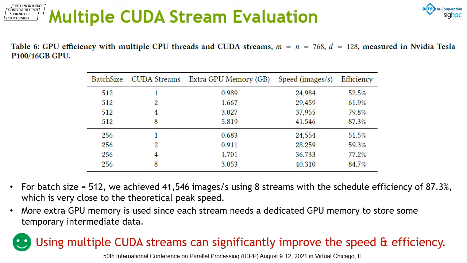For the batch size of 512, we achieved about 41,000 images per second using 8 streams, with a schedule efficiency of 87.3%, which is very close to the serial peak speed. However, more extra GPU memory is used, since each stream needs dedicated GPU memory to store some intermediate data.